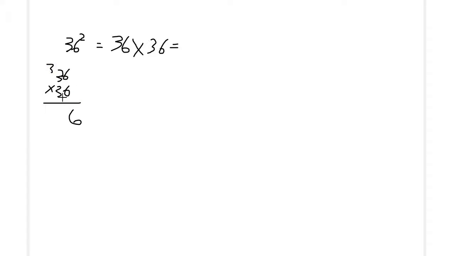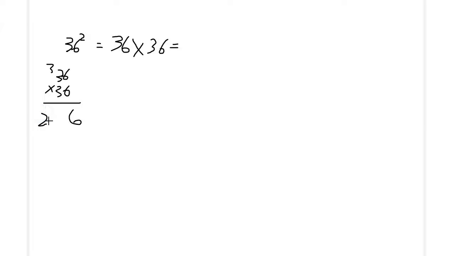Okay, let's continue to do squares and square roots for larger numbers. So for example, let's say we take 36 squared. How do you find this? 36 squared is 36 times 36. And when we have to multiply, I assume we don't have a calculator here, so we will do it manually.